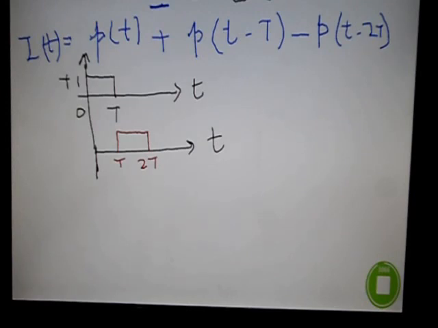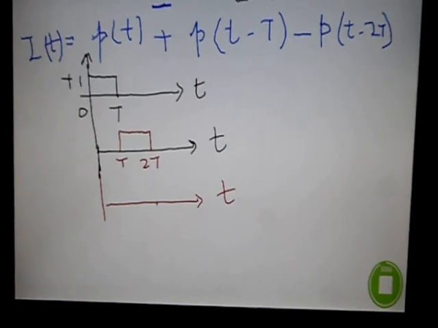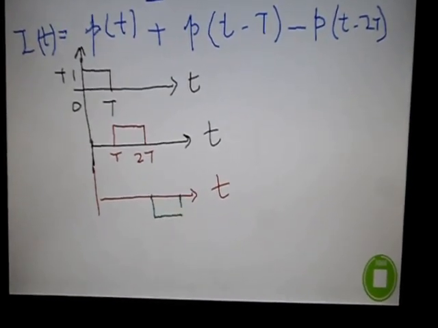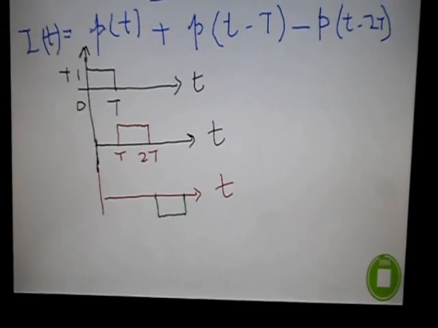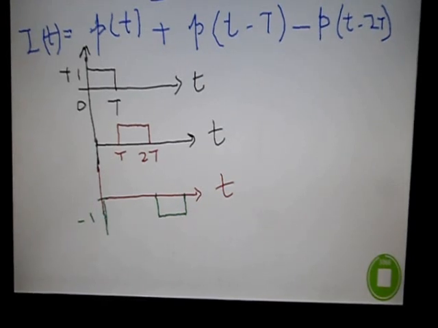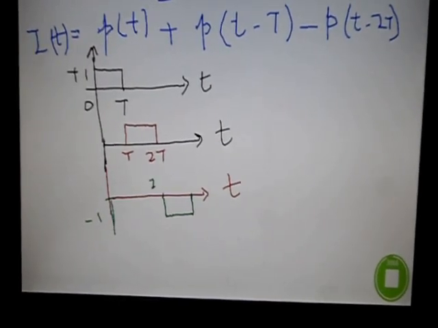The next one which you have to add is actually minus P of t minus T. It's a delayed version, but at the same time it is multiplied with minus 1. So it's actually minus P of t, existing from 2T to 3T.